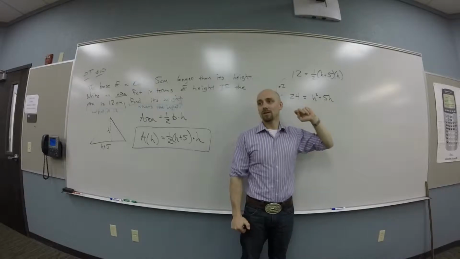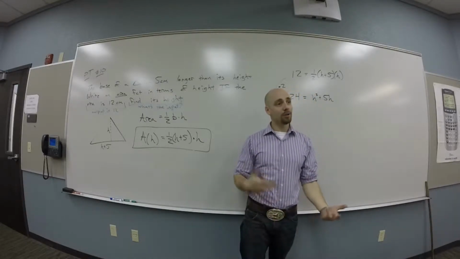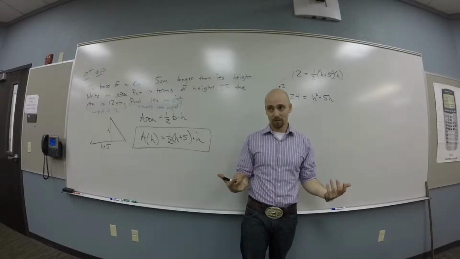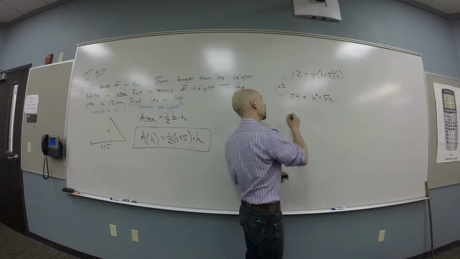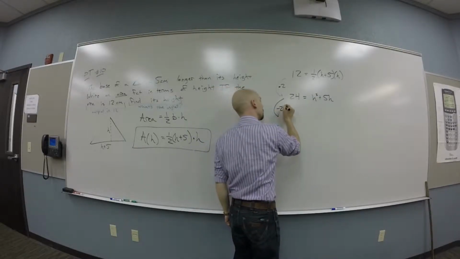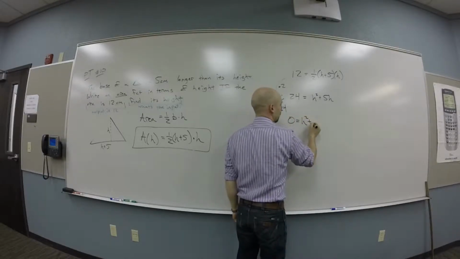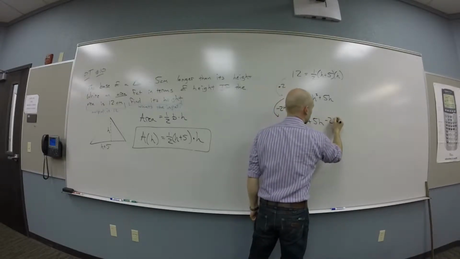How do you set up to start using either the quadratic or factoring? You gotta set it to 0. Okay, so we need to subtract 24 from both sides. So I've got 0 is h squared plus 5h minus 24.